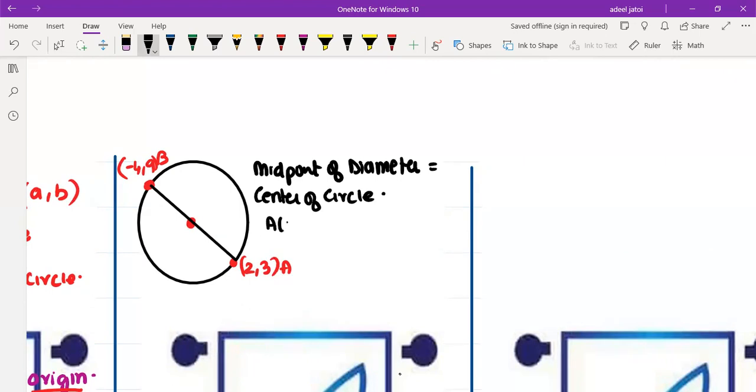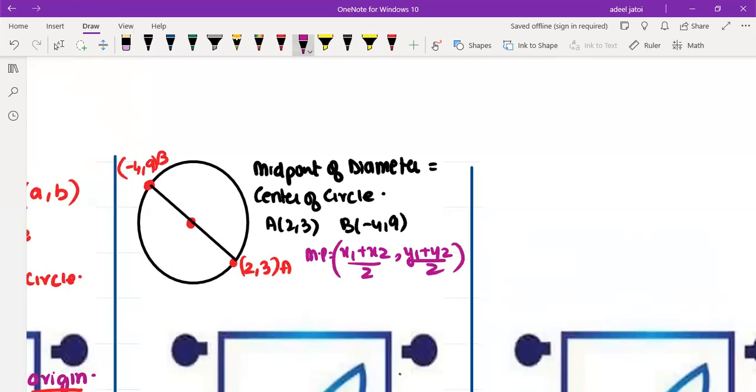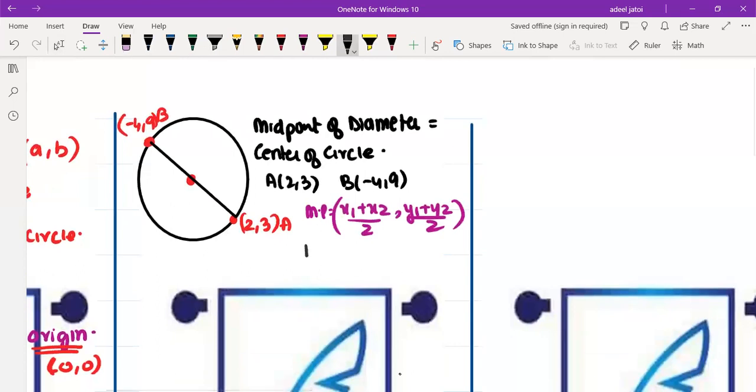Knowing that A is (2, 3) and B is (−4, 9), let's calculate the center of the circle. The midpoint will be ((x1 + x2)/2, (y1 + y2)/2). We can write this as ((2 − 4)/2, (3 + 9)/2). So the midpoint will be −2/2 which is −1, and 12/2 is 6.